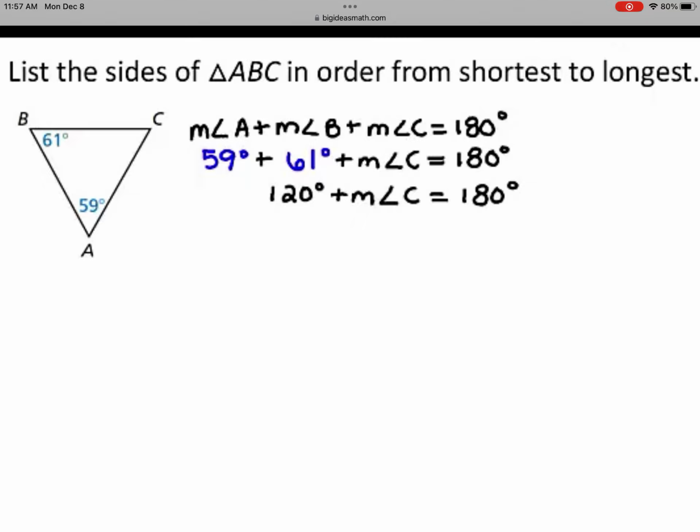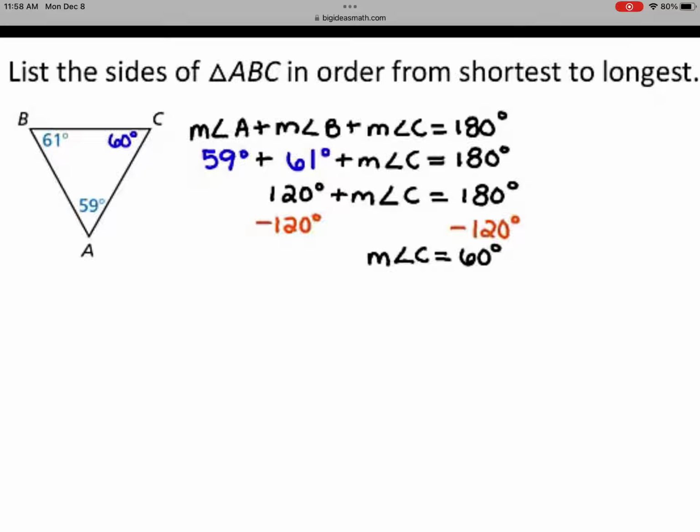Next, you can subtract 120 degrees from both sides of the equation. This gives you the measure of angle C equals 60 degrees. So, the measure of angle C is 60 degrees.